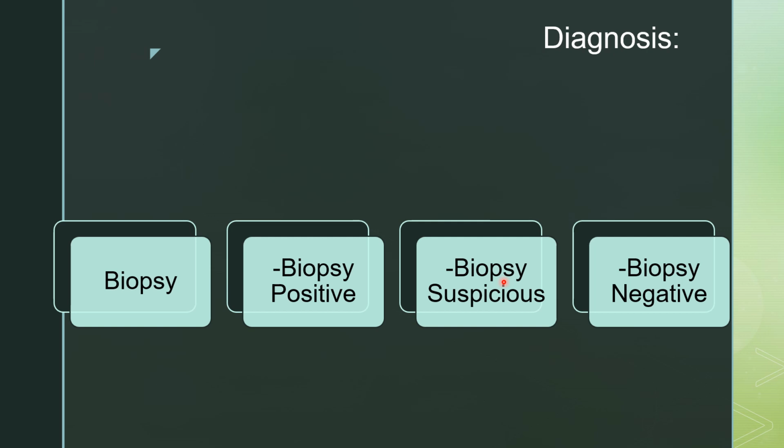Still under biopsy suspicious, it might be high-grade prostatic intraepithelial neoplasia, or it might be proliferative inflammatory atrophy. In the case where we're going to pick redness, swelling, signs of inflammation, and at the same time, the cells will appear smaller than the normal cells.